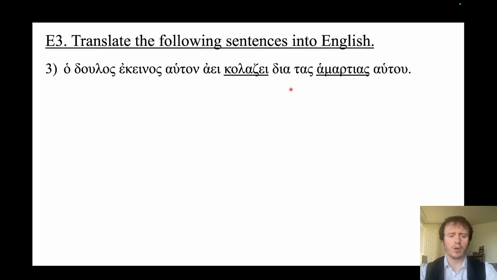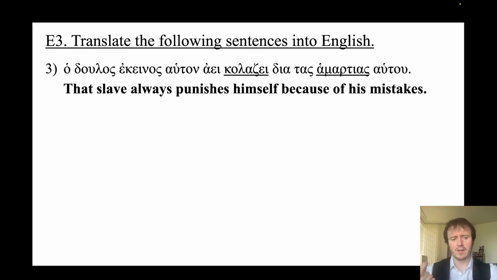Thirdly, ho doulos ekeinos ἑαυτον ai kolazei dia tas hamartias ἑαυτου means that slave always punishes himself because of his mistakes. What an interesting sentence. We actually had two forms of ἑαυτον here. We had ἑαυτον in the accusative, meaning himself, referring back to the slave.